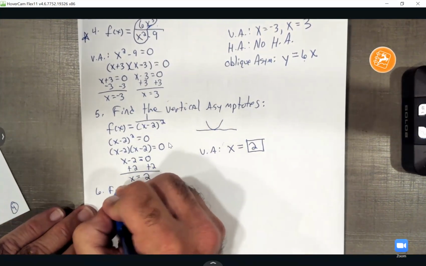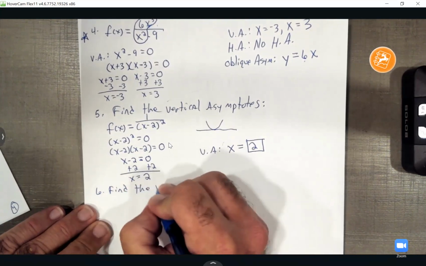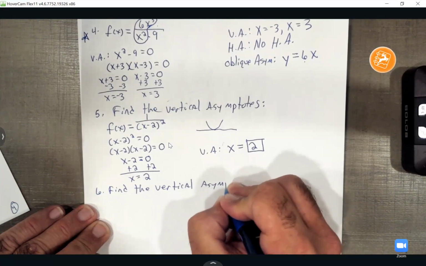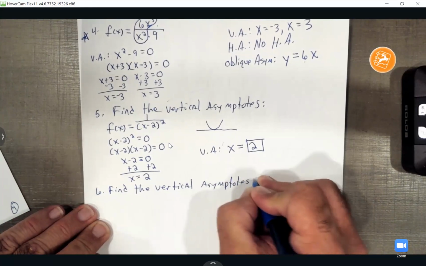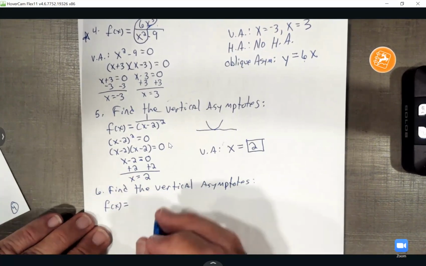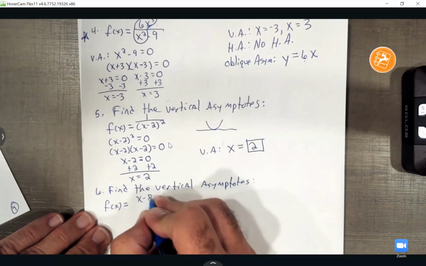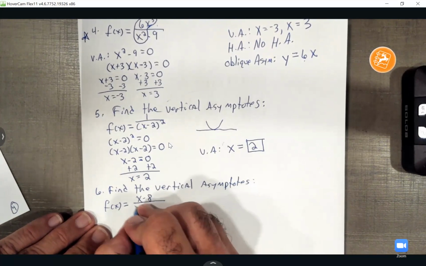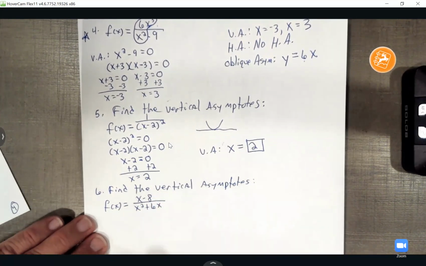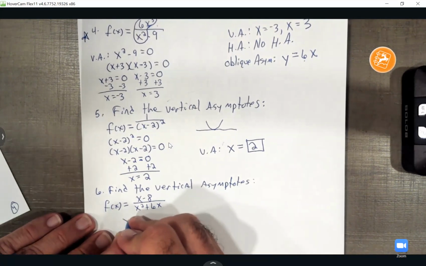Number 6, find the vertical asymptote. I got f of x equals x minus 8 over x squared plus 6x. So I'm going to set that equal to 0.